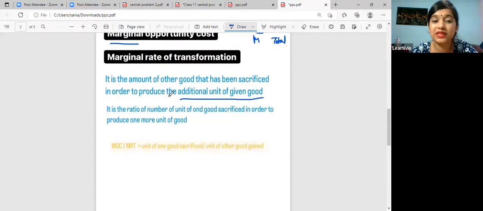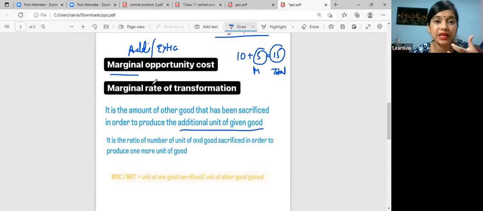So basically, it is the amount of other good that has been sacrificed. If I ask you what is the sacrifice, you will say, ma'am, we sacrificed 1 unit of furniture in order to produce 1 more unit of pen, or pencil or paper. So it is the amount of other good that has been sacrificed in order to produce the additional unit of given good.